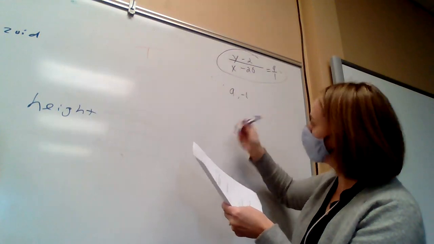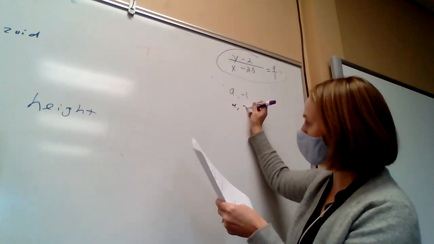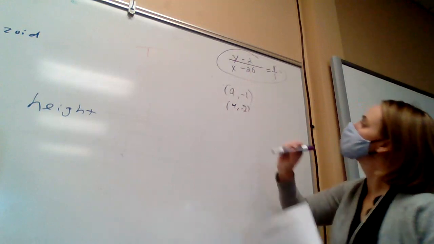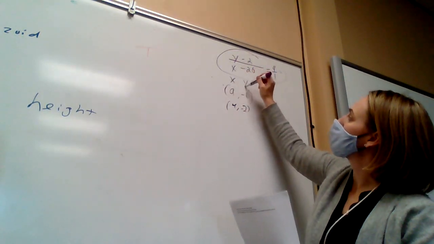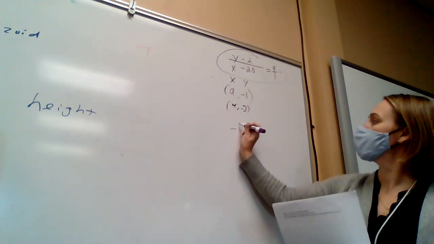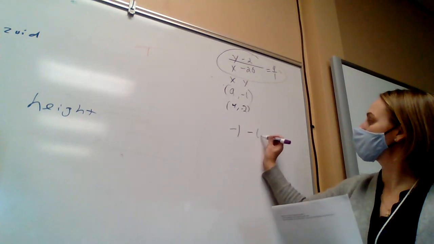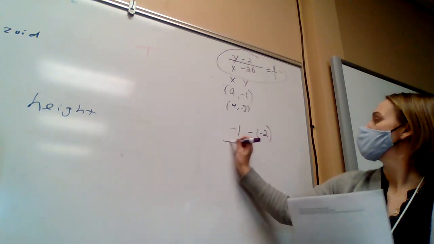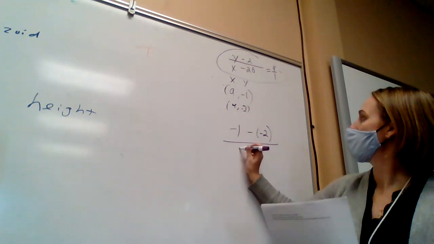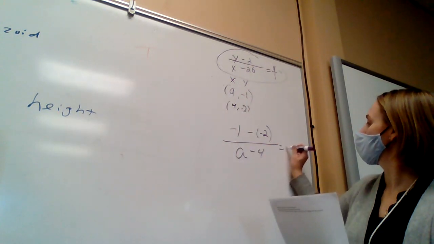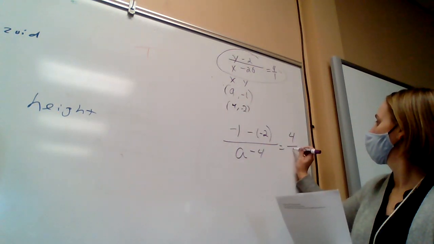We can take any point, so maybe 4 comma negative 2. Here's our x's and here's our y's. So negative 1 minus negative 2 over a minus 4 is 4 over 1.